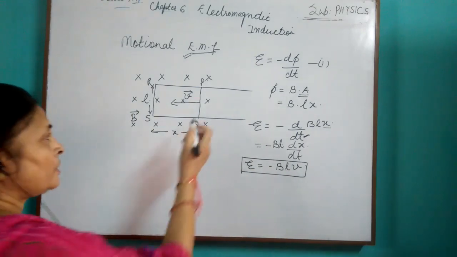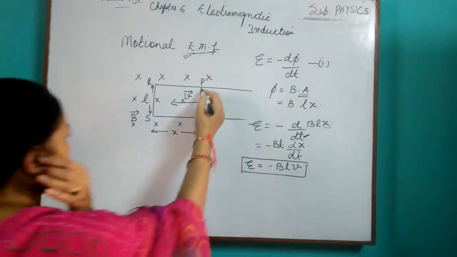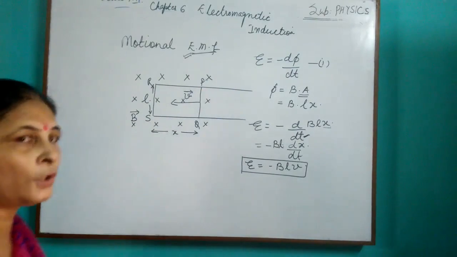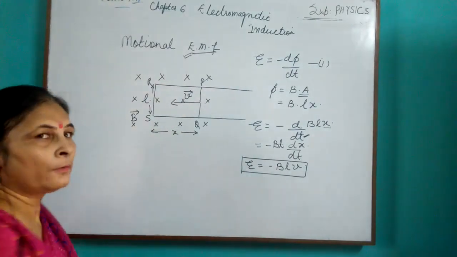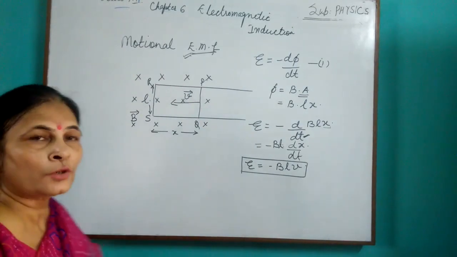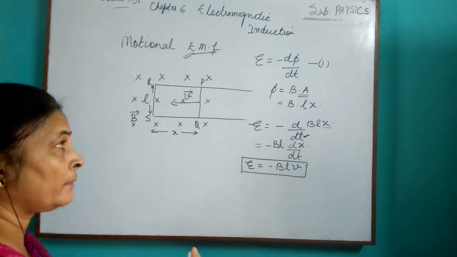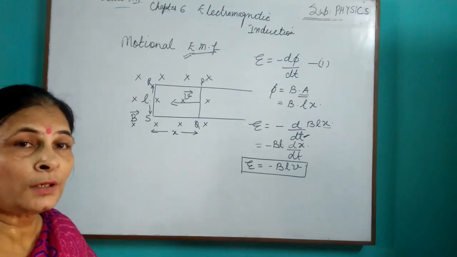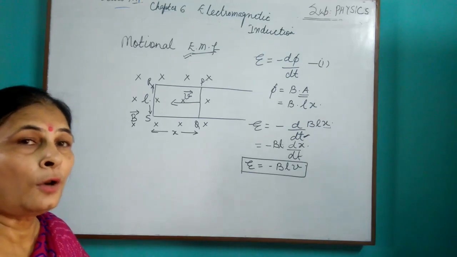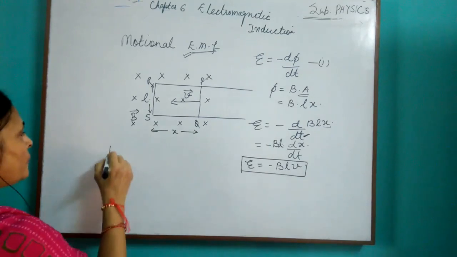Clear? Now see, whenever this coil is going to move inside the magnetic field, the charges inside this conductor PQ will also move, because motion of the conductor means motion of the charges also, and motion of the charges is current. And when a charge is in motion in a magnetic field, it is going to feel the Lorentz force. And how much is the Lorentz force?